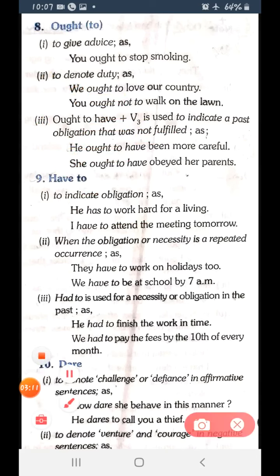Have to. Okay, now point number 1. Have to is used to indicate obligation. Example, he has to work hard for a living. That means if he wants to live, he has to work hard. But here we are using has because has is used for a singular person.